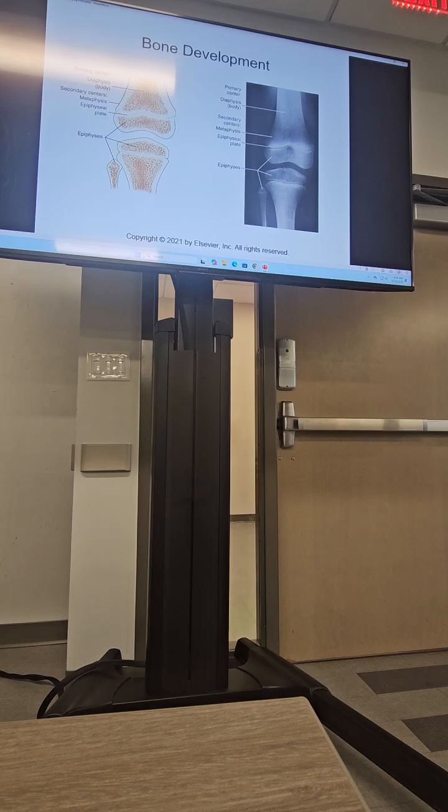Yes, I saw some questions. I was going to ask, you mentioned at the beginning that we have 206 bones. Is that in the adult body or in the child? In adults, where the bone is fully developed. You will not be asked pediatric questions as of now because we will cover pediatrics in the positioning team.